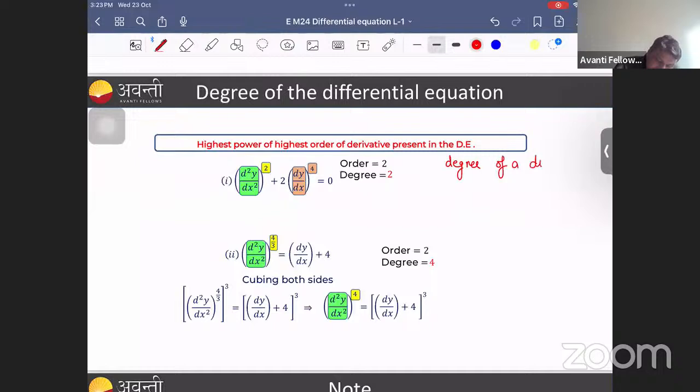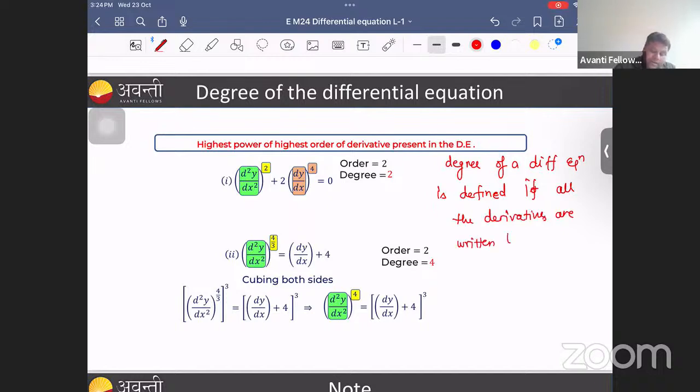Degree of a differential equation is defined if all the derivatives are written like the polynomial of derivatives.